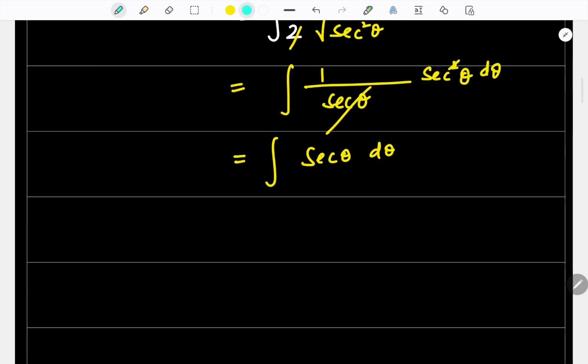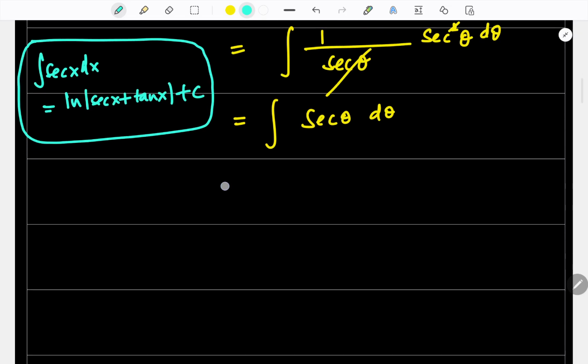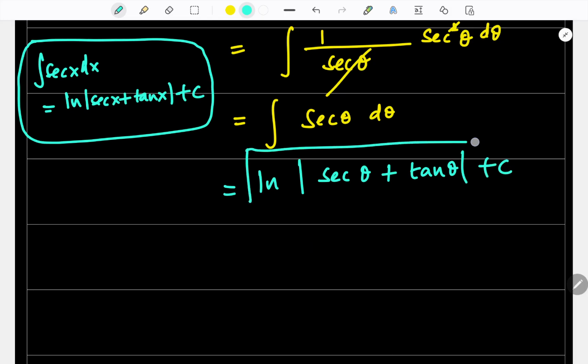What is the integral of secant x? Integral of secant x dx is equal to ln secant x plus tan x plus integrating constant c. Again I'm telling you, you have to memorize the rule. So this equals ln absolute value secant theta plus tan theta plus integrating constant c.